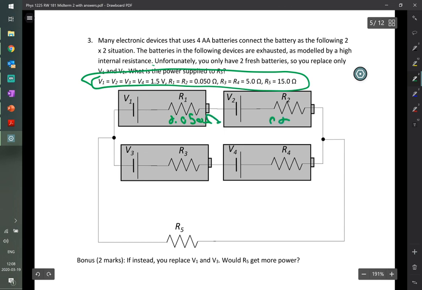These internal resistances are fairly low, whereas these internal resistances are fairly high. That's our model of having a battery that is exhausted. It's just the way we model it. But no matter what happens, these sources are still 1.5 volts, because that's just what the electrochemical reaction gives us.